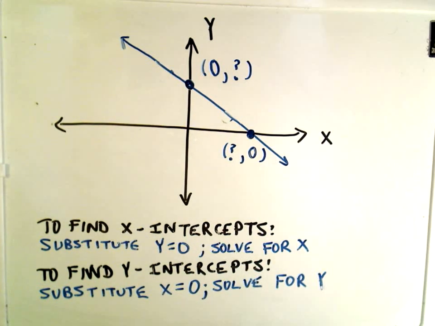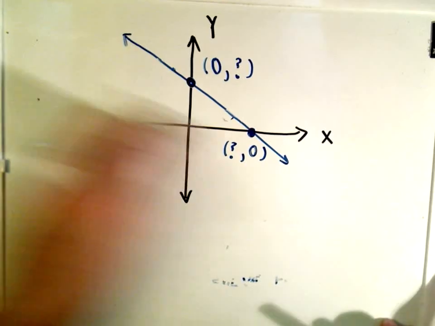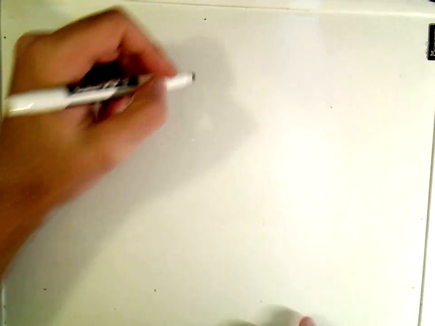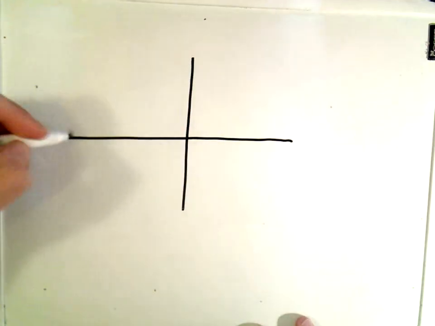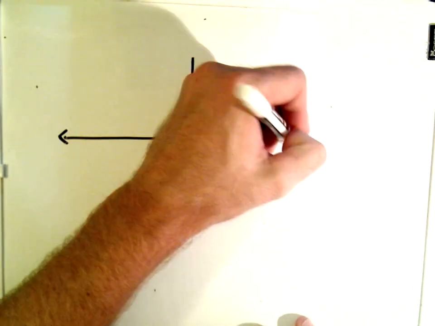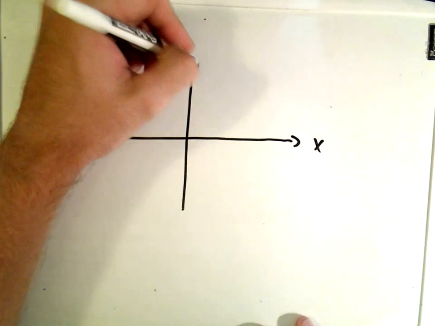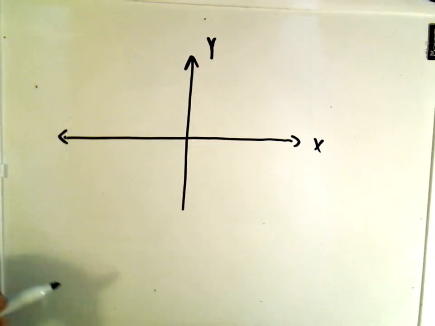Okay, let's do a couple examples. One important thing is recognizing in the first place that what you're given is a linear function. Maybe the instructions will just tell you this is a linear function and to graph it.